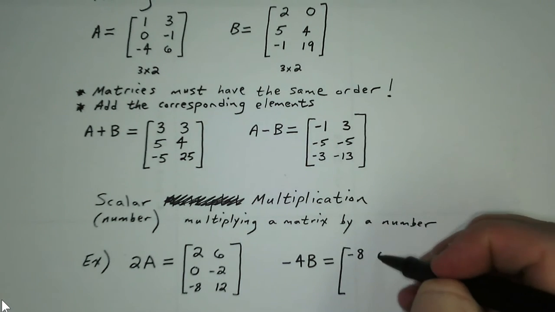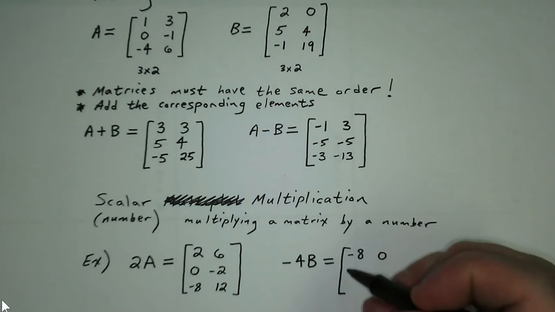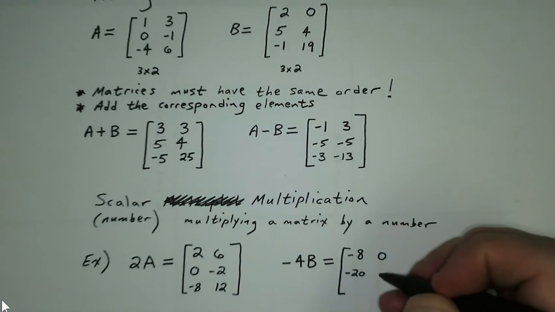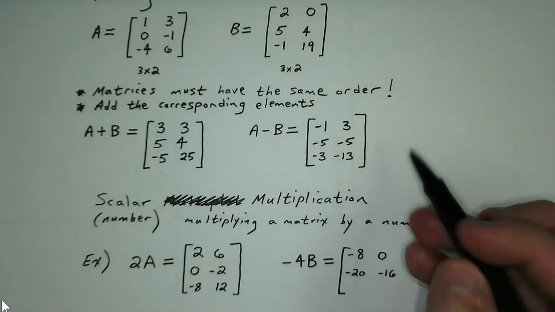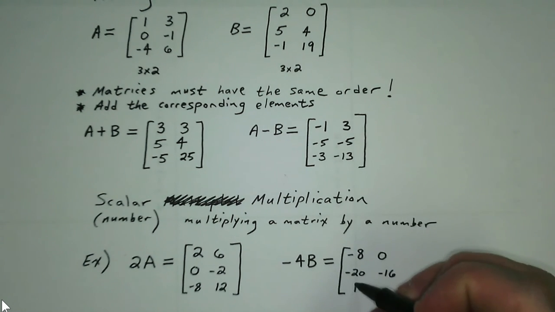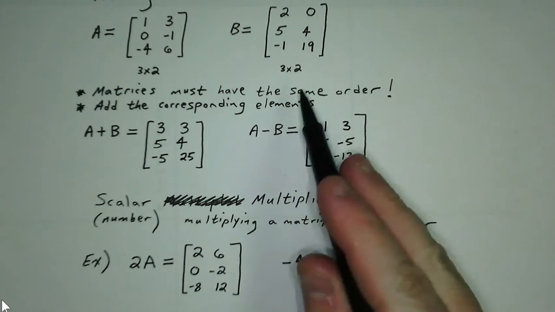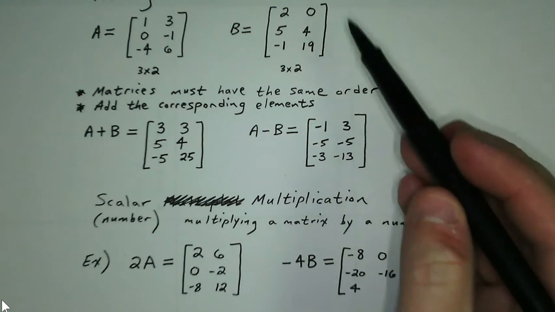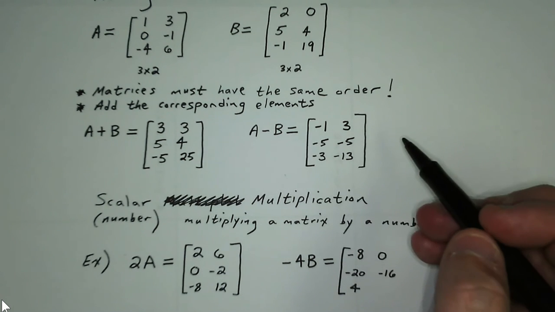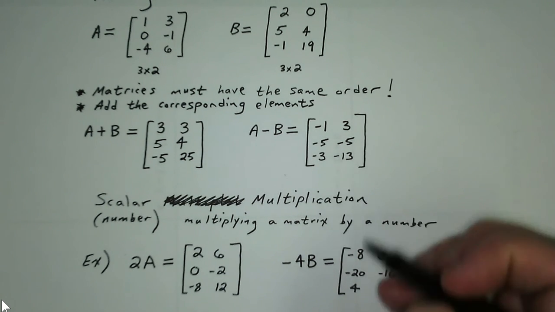Negative 4 times 0 is still 0. Negative 4 times 5 should be negative 20. Negative 4 times 4 should be negative 16. Negative 4 times negative 1 is positive 4. And negative 4 times 19 should be negative 76, I believe. Let's just go with it.